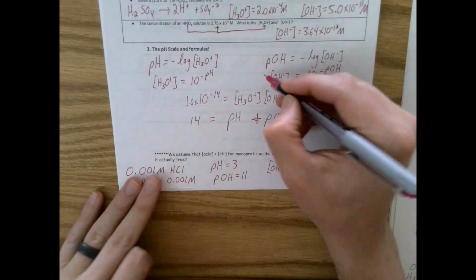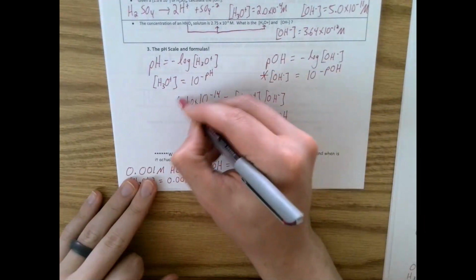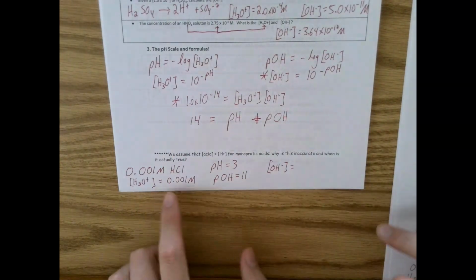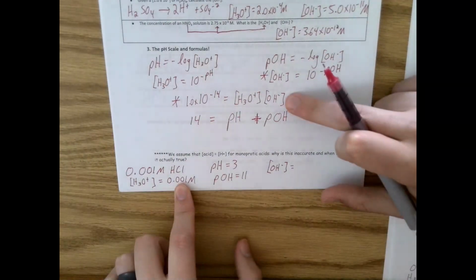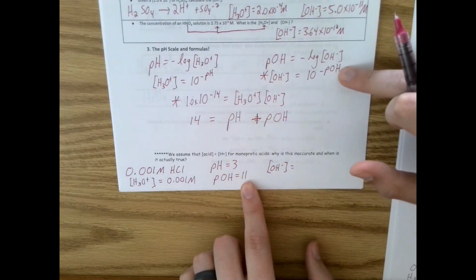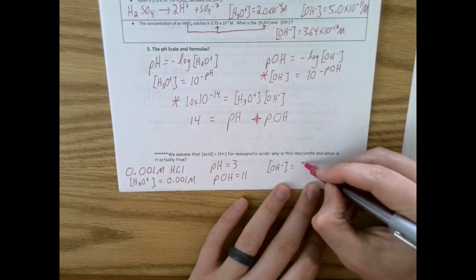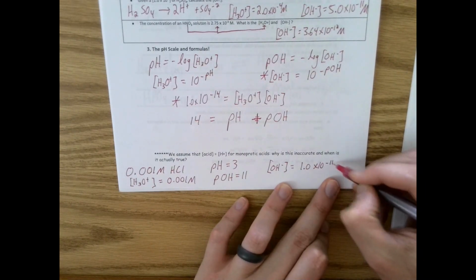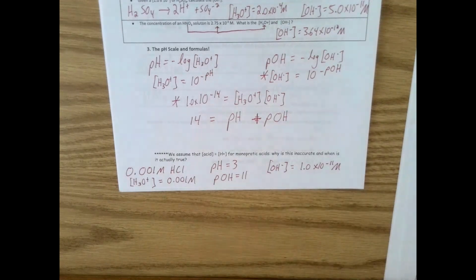I can use this formula or that formula. Will I get the same answer either way? Yeah. I can use this number and this formula, or I can use this number and that formula. So what's it going to be? 10 to the negative 11. And pH has no units, by the way. It's just a number.